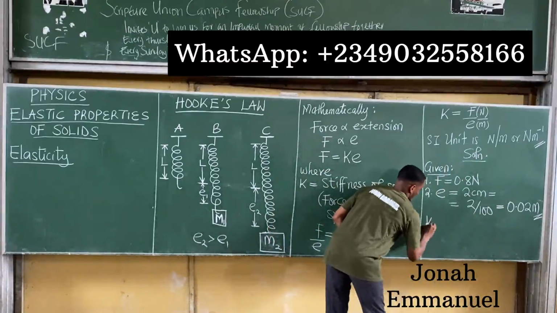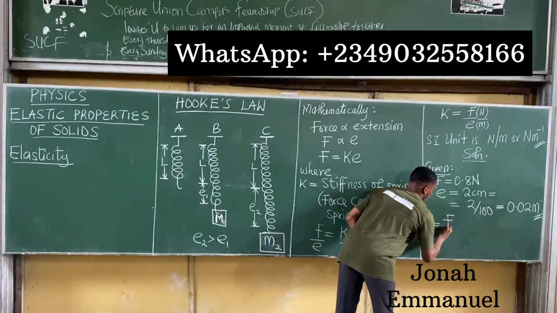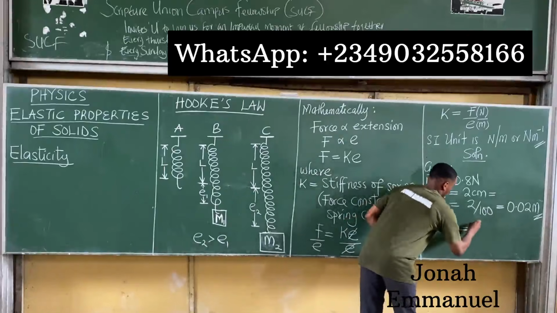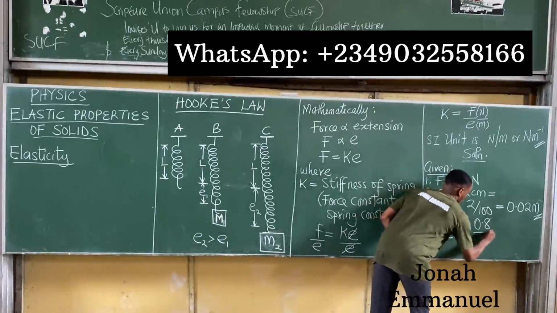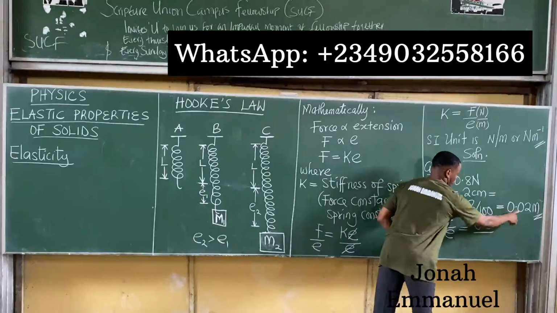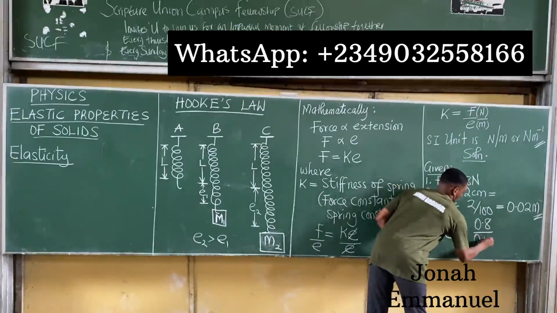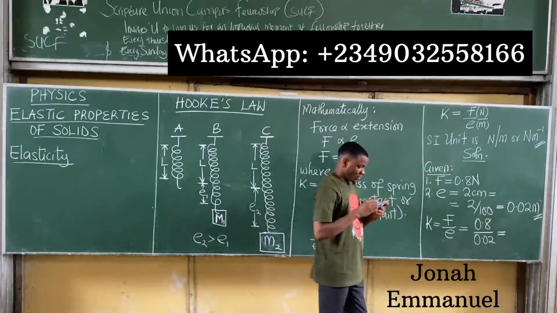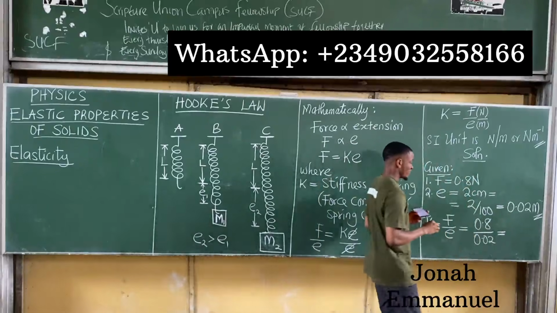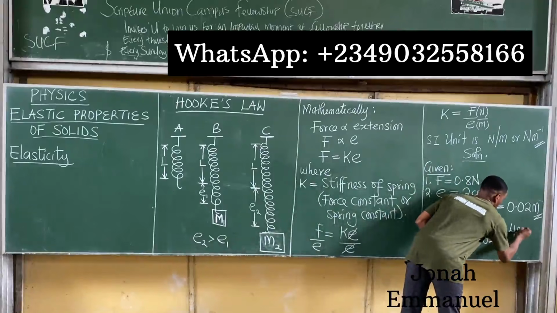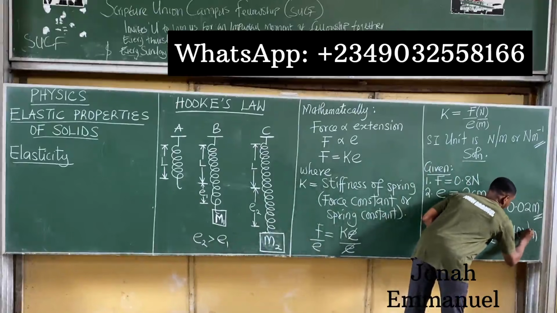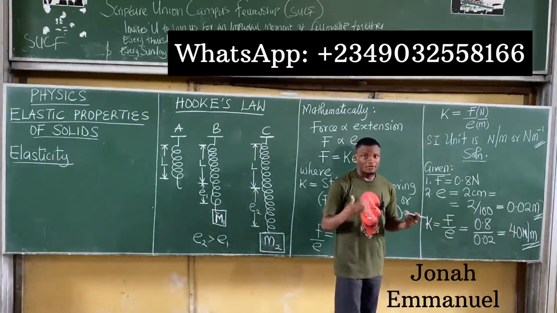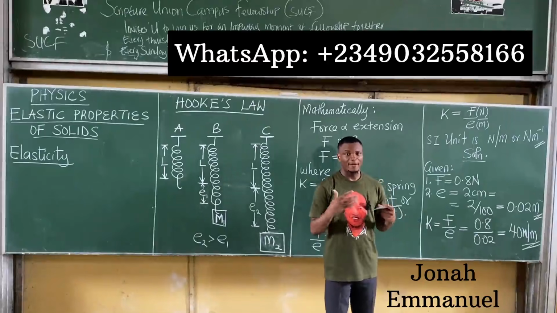Recall the elastic constant K is equal to force all over extension, and that's equal to 0.8 all over 0.02. If I punch this in, that gives about 40 in Newton per meter. So hence, the answer to this question is 40 Newton per meter.